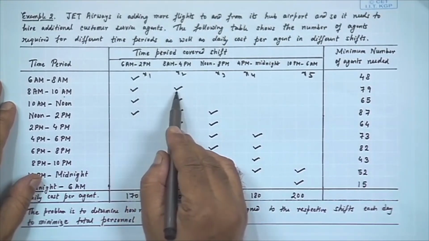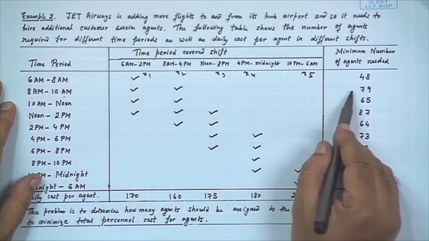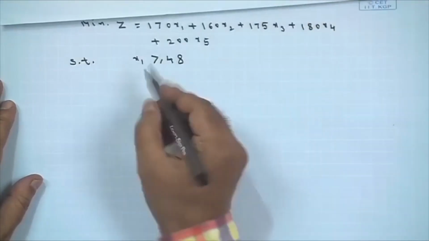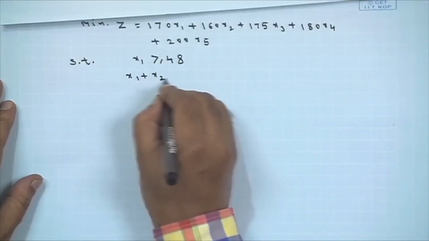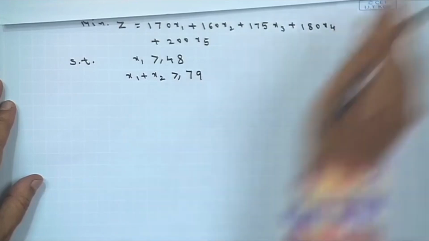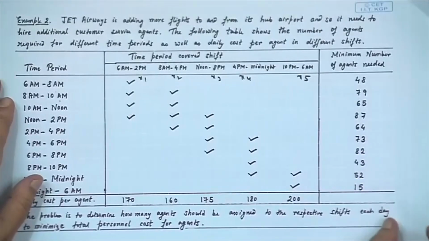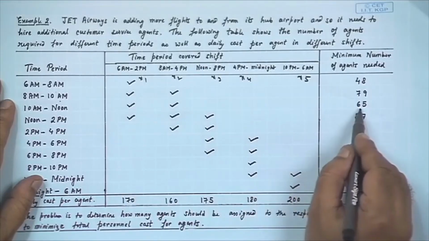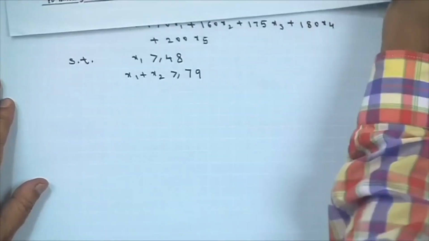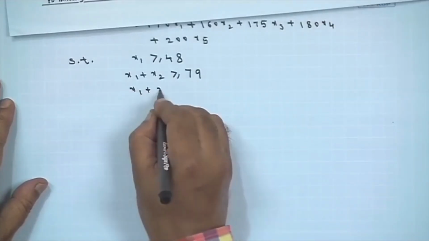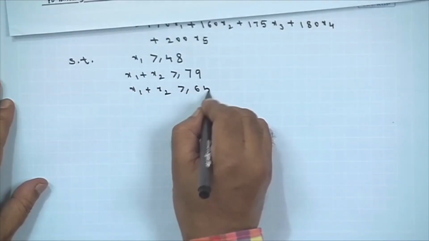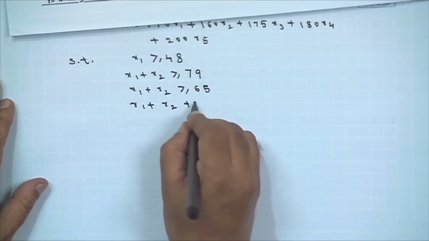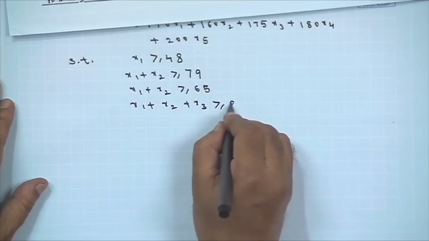Similarly, for this row it should be x1 plus x2 greater than or equal to 79. For the third row, in the same fashion, it should be x1 plus x2 greater than or equal to 65, and I think you can write down the rest also like this. Next one would be x1 plus x2 plus x3 greater than or equal to 87.